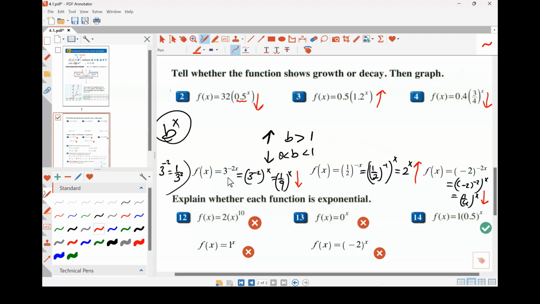In this one, you might say our base is 3, so it's growth, but that's false because when I rewrite it, I see that my base is 1 over 9, not 3. So first thing you need to do is simplify the function, get x by itself as an exponent, and decide whether it's exponential or not. If it is exponential, whether it's growth or decay.